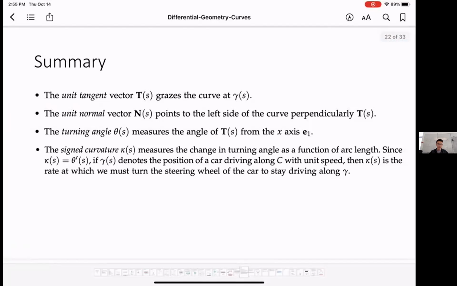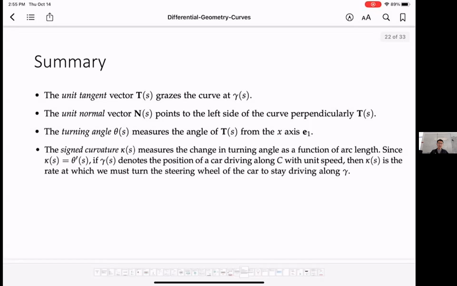And then we also have this normal vector, also a unit vector, which is like you rotate your tangent vector 90 degrees counterclockwise, and then it is perpendicular to your T. Finally, we have a third thing, the turning angle theta. This theta measures how much your tangent vector changes regarding a standard x-axis. But if we take the derivative of this theta, it gives you the curvature.